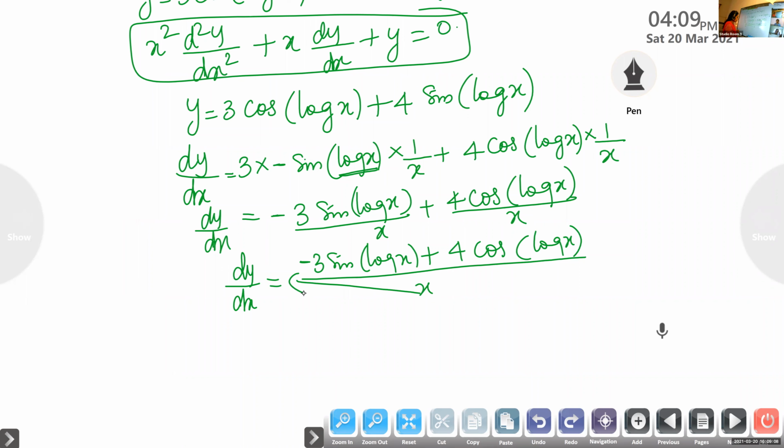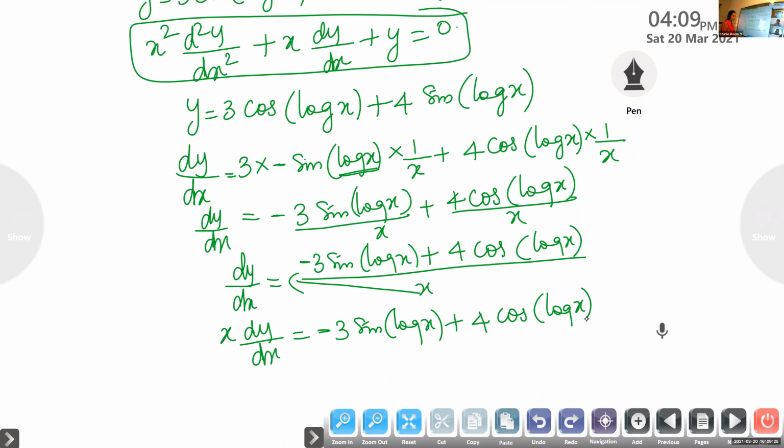What happens? It will become x into dy by dx is minus 3 sine of log x plus 4 into cos of log x. Instead of using the quotient rule, what I did, I cross multiplied.